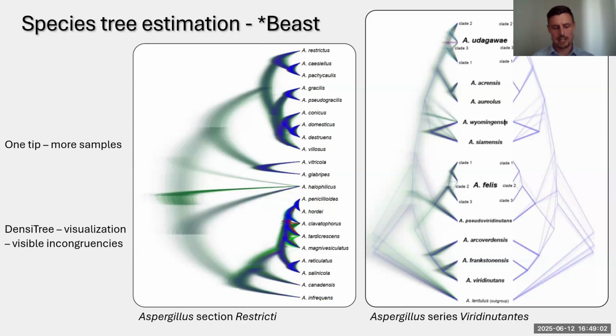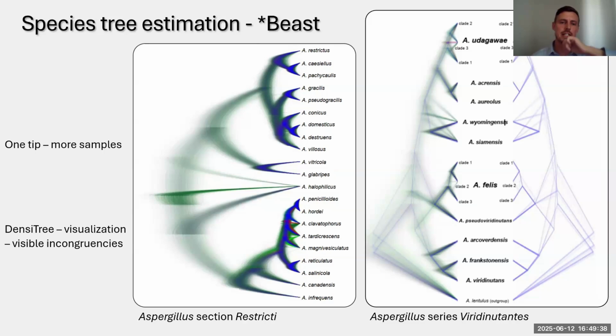It takes all of your samples, and you can do this in several different settings, because you decide on the species boundaries based on step 1, and it will combine more samples into one tip representing the species that was delimited in the first step.